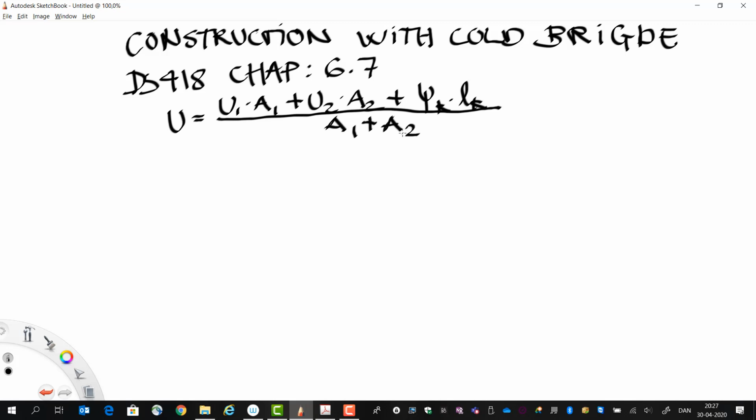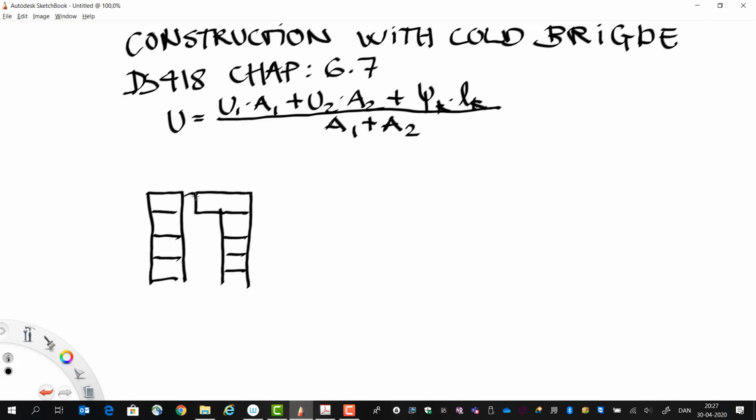So if we have a construction, a cavity wall, where we have an outer leaf here of bricks, and we have an inner leaf of bricks as well. We have insulation here in the cold bridge, and then we have more insulation here. And up here, that's where we have the window.